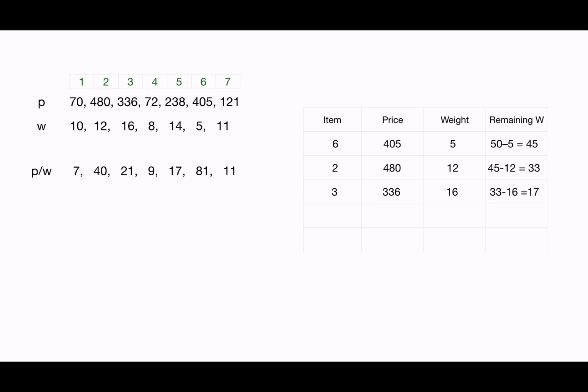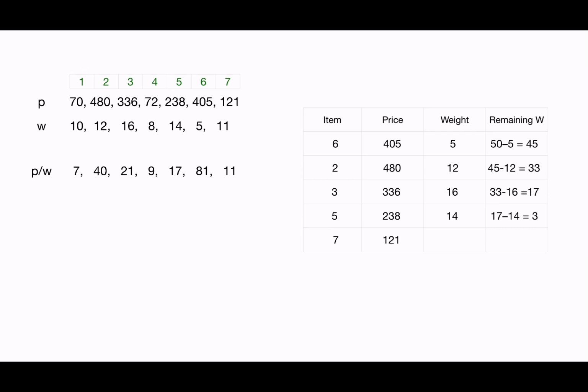Okay, now the next item is fifth item, for which the price is 238 and the weight is 14. Now the remaining weight is 3. Now the next largest profit by weight ratio is of item 7. Its ratio is 11 and its price is 121.